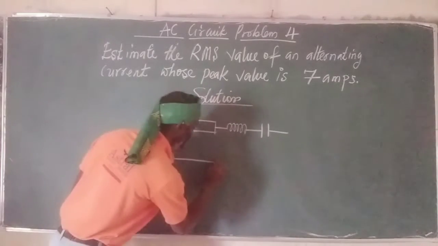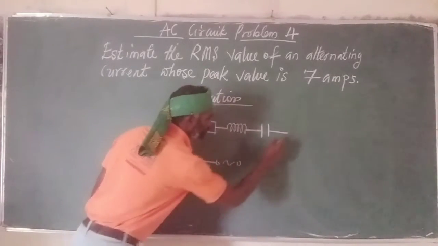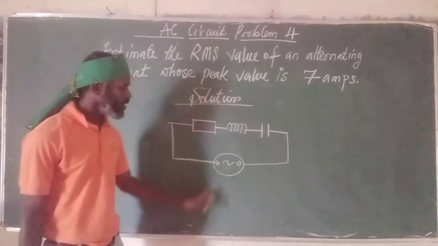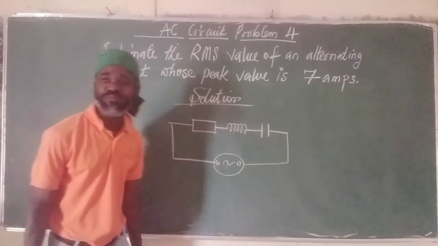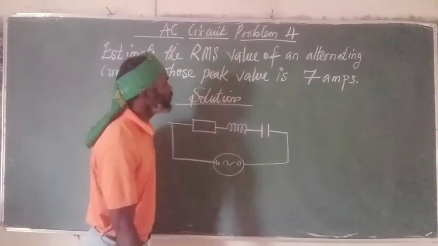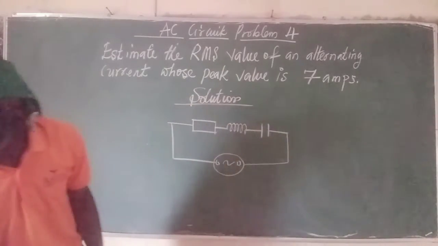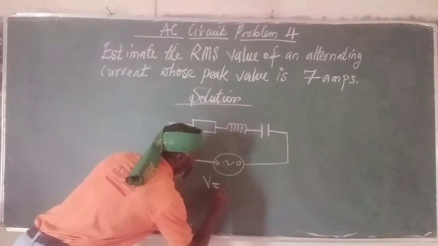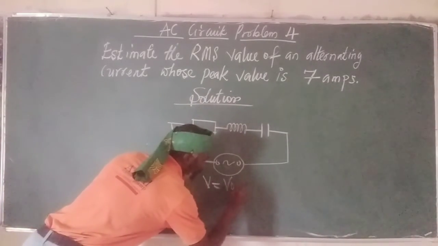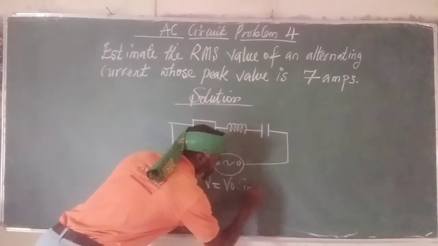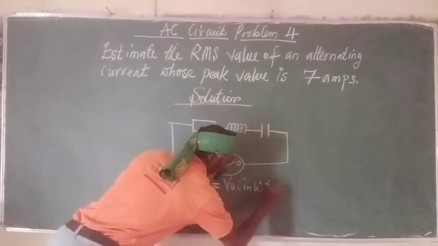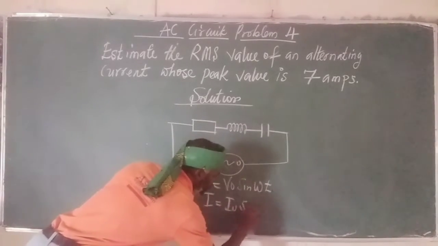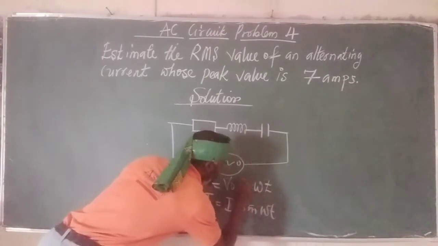Okay? So if we have here our simple AC circuit symbol or source, we are talking about root mean square value of an alternating current. So we state again V is equal to V naught sine omega t, and then we have I is equal to I naught sine omega t once again.